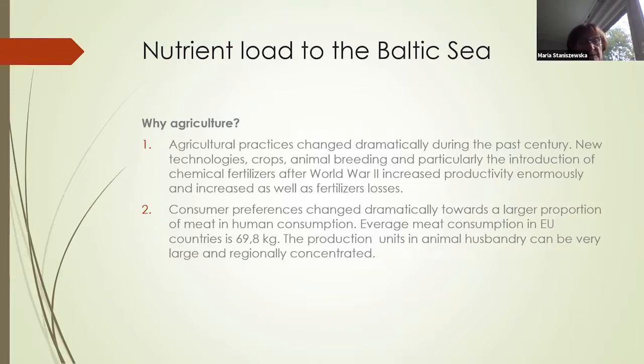The average meat consumption in EU countries is about 70 kilograms per person per year. It is double when we compare with consumption all over the world, of course, except the United States or North America.